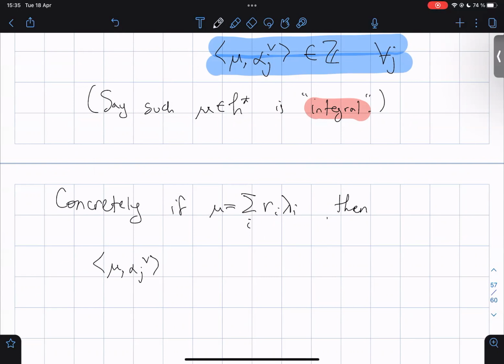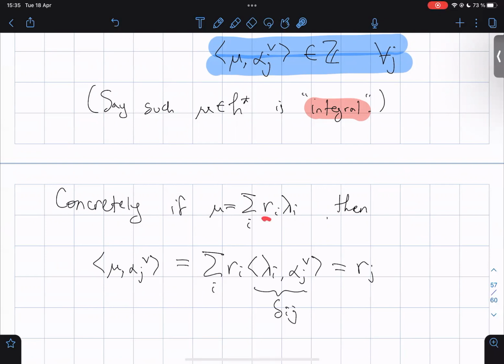Mu paired with alpha J check is the sum of R i lambda i paired with alpha J check, and there's a delta i j. Summation over i, so this just becomes R j. So working in the lambda basis, we get a nice condition on the coefficients of this weight: the weights that can arise in actual representations have coefficients that have to be integers.